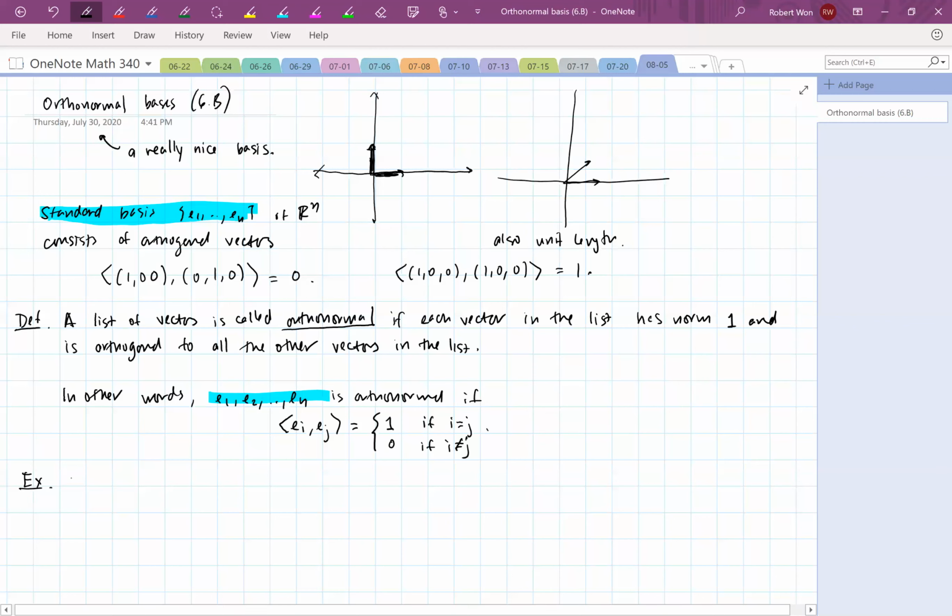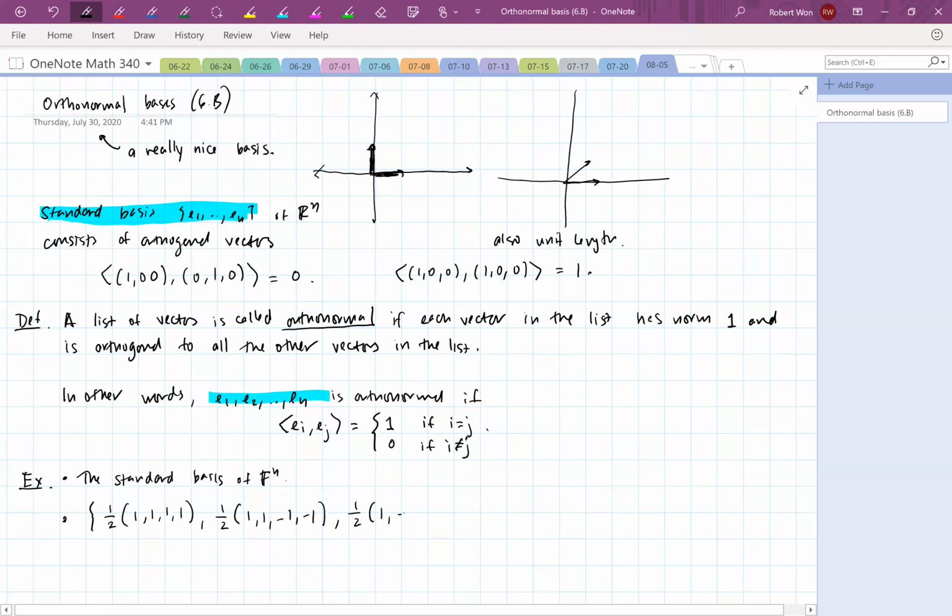Right, so as we said, the prototypical example is the standard basis of Fn. That's an orthonormal list of vectors. But that's not the only possible orthonormal list of vectors. Here's an example. So let's take a list of vectors in F4. Let's take 1/2, 1/2, 1/2, 1/2, and then put 2 minus signs on the last two.